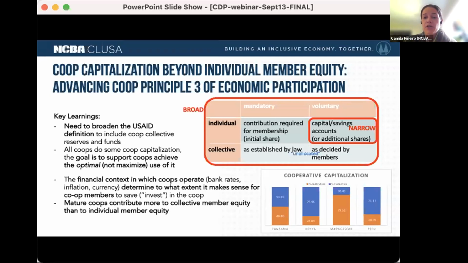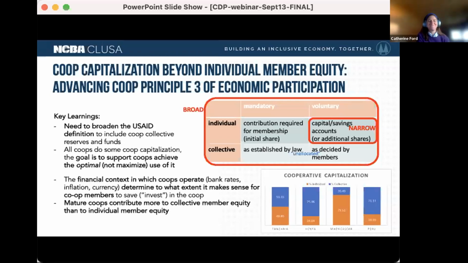It depends on the legislation, it depends on the stage of the cooperatives, but they tend to contribute a lot to the collective share. They're called cooperative reserves, because that is precisely what shows their commitment to their organization and to the future generations of members that are going to continue leading their cooperatives forward.